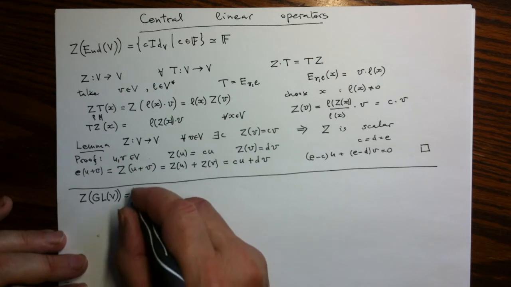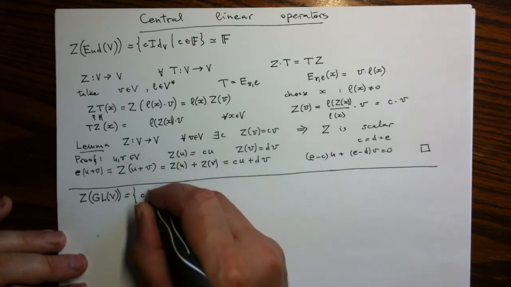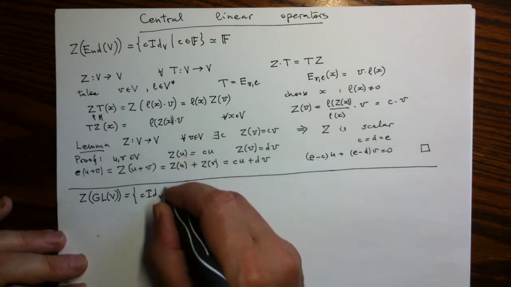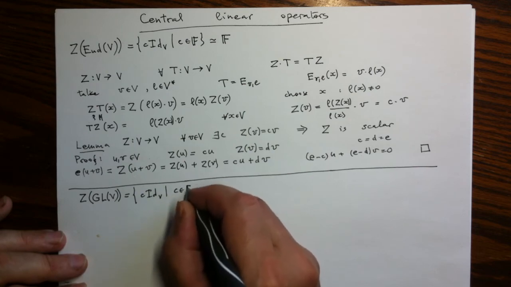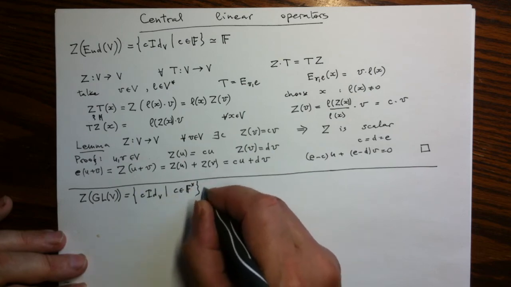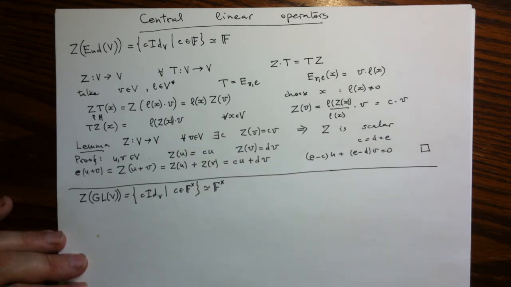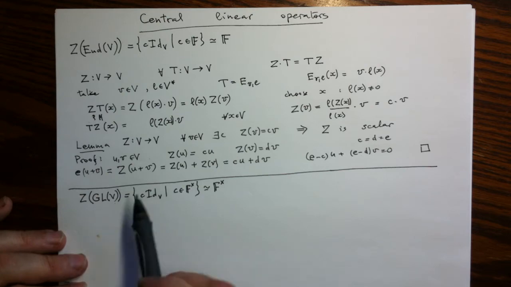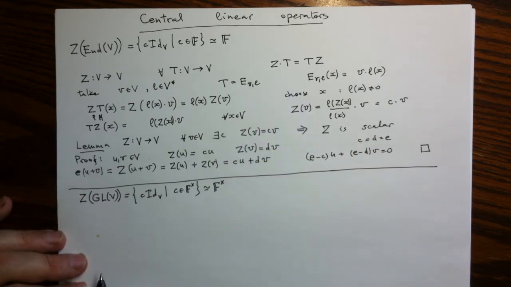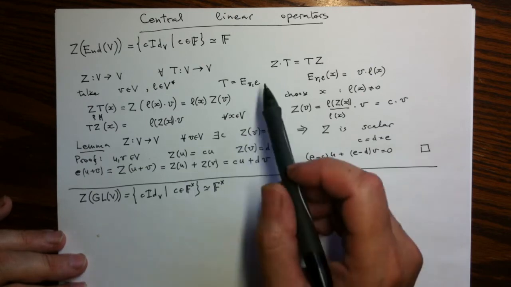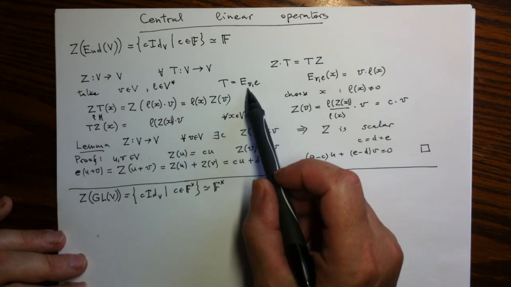And again, the easy solutions are scalar, but this time I have to keep only non-zero scalars, and this as a group is just the multiplicative group of the ground field. So obviously they commute with everything, but now I have to prove that those are the only solutions for the centrality equation.